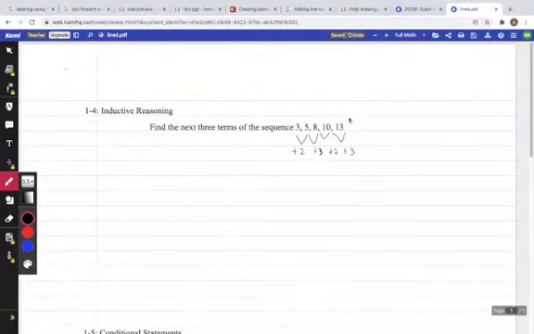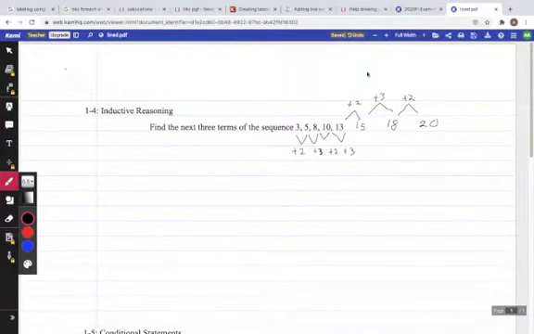So to get my next term, I need to add 2 to 13, and that's going to give me 15. Then I'm going to add 3 to 15, and I am going to get 18. Then I'm going to add 2 to 18 to get 20.